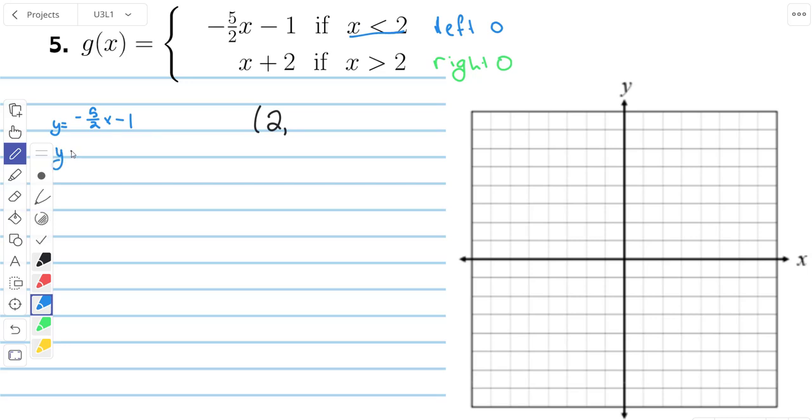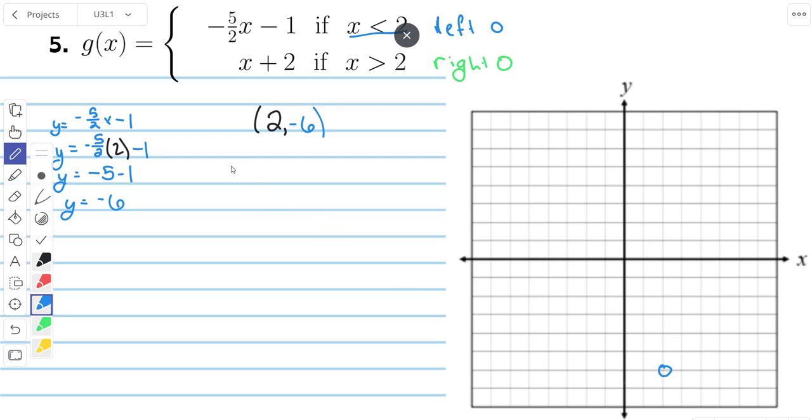So y is equal to negative 5/2 times my 2 minus 1. So y is equal to negative 5 minus 1, or y is equal to negative 6. And so I'm going to come over here and put an open circle at positive 2, negative 6.